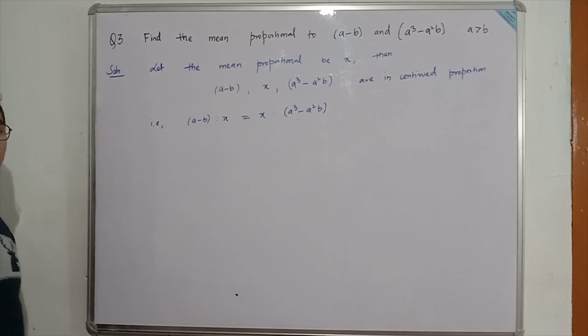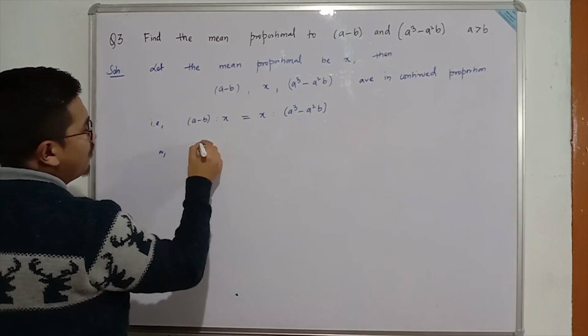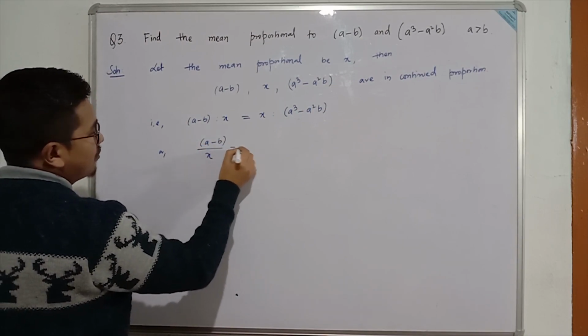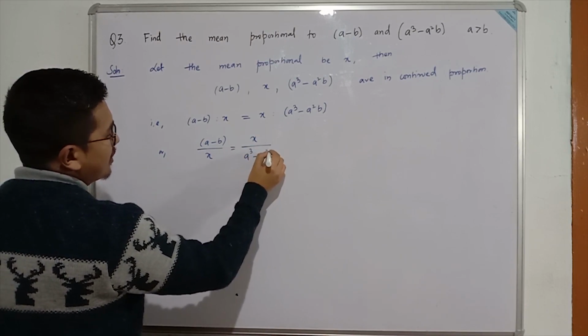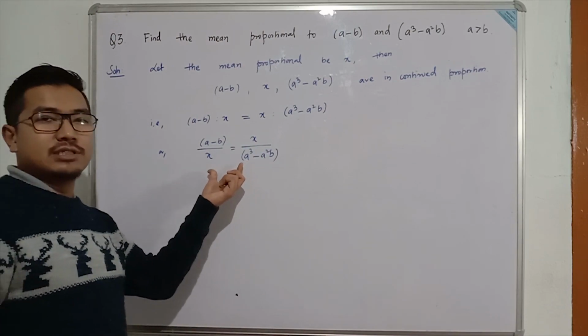So this is what we get. Or changing this into fraction form, we have (a minus b)/x is equal to x/(a cube minus a square b). So this is what happens after converting this into fraction form.